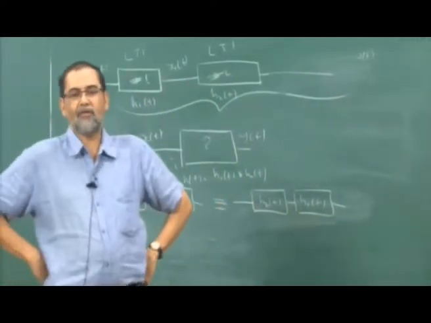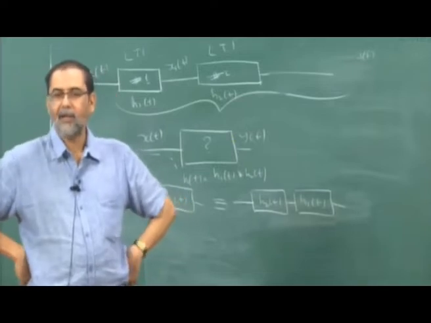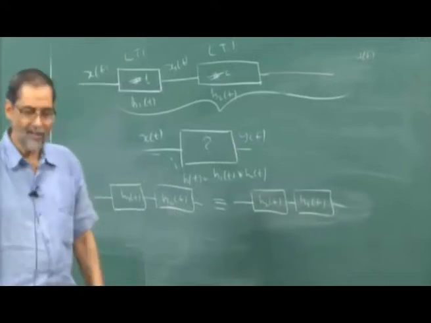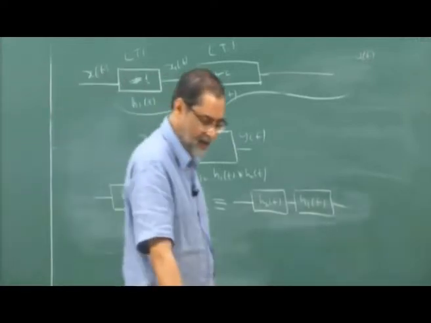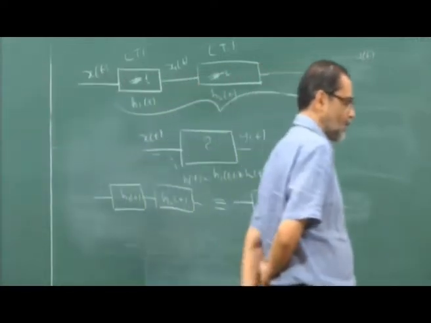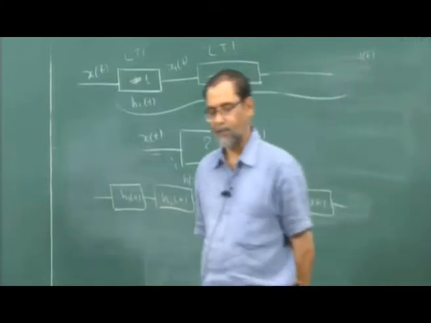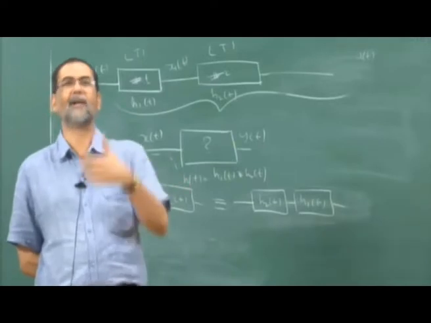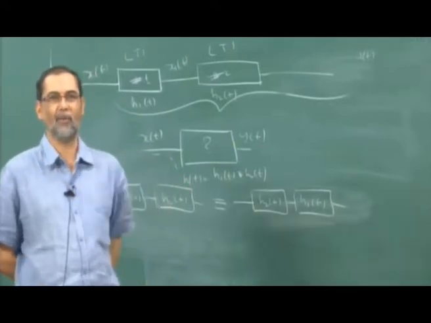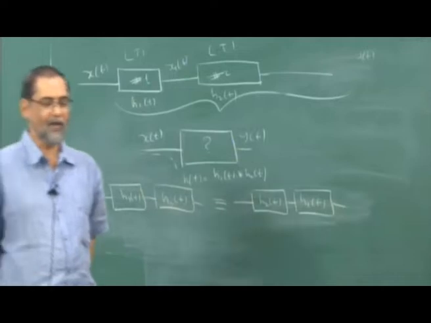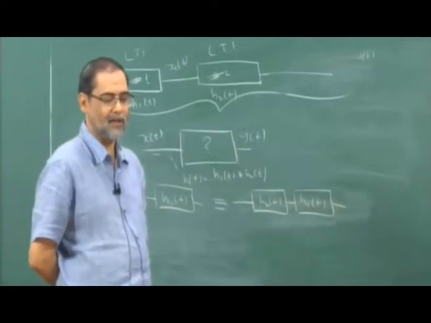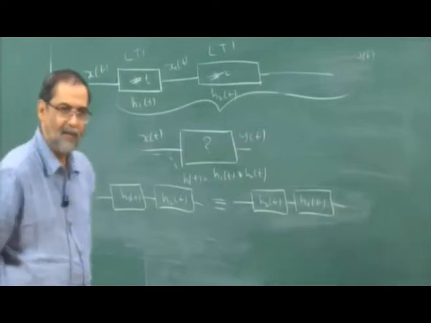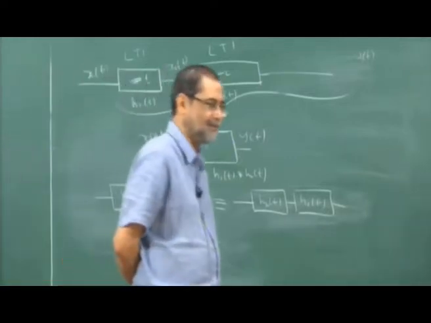If it is e to the power of j omega t, you take its absolute value and see if it is absolutely integrable. So convince yourself whether, if h of t is a complex exponential, it is absolutely integrable or not. You can perform this simple operation and then get back to me in case you have any doubt. If it is absolutely integrable, then the system is stable. If it is not, the system is not stable.